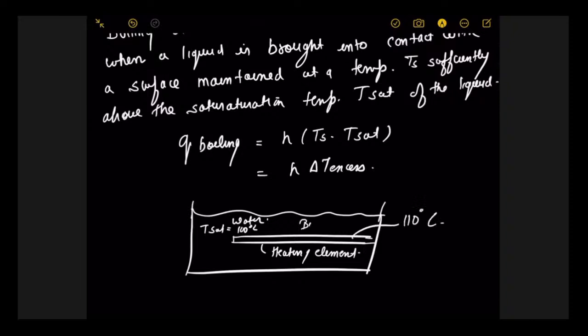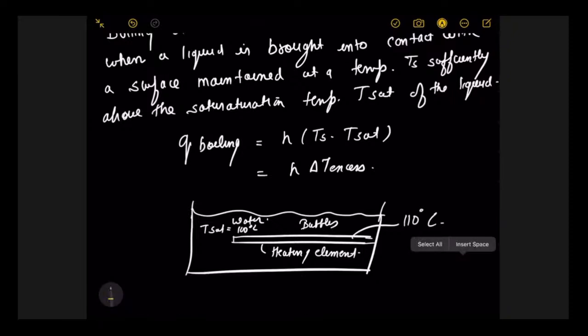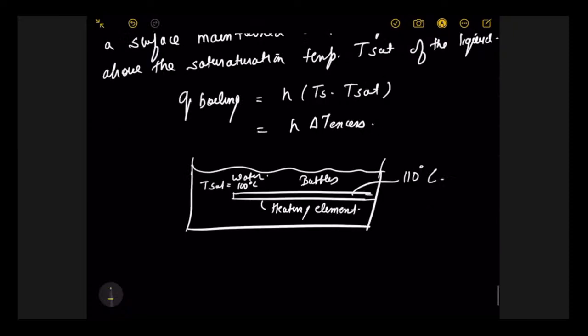So there will be formation of bubbles. Delta T excess is equal to T surface minus T saturation.